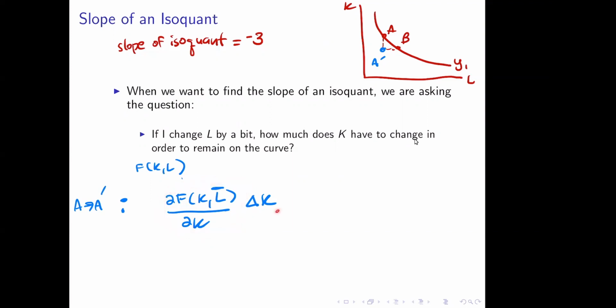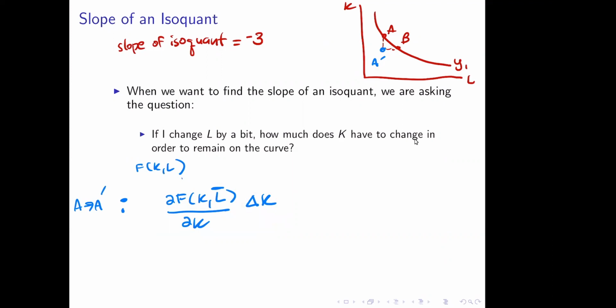If K changes by this amount, you need to multiply the amount of K that changed by the marginal product. That is the change of the output when K changes by this much.